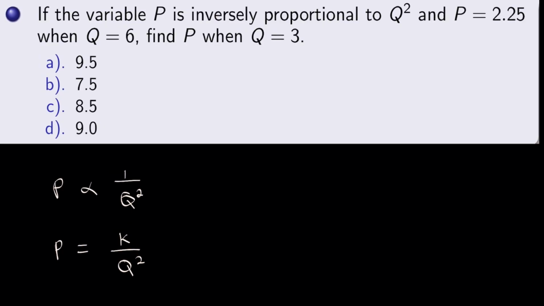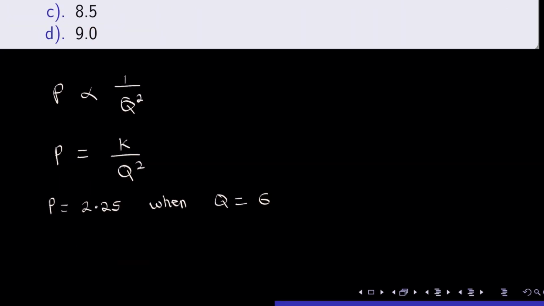Also, we are being told that p is equal to 2.25 when q is equal to 6. Thus, we have to substitute 2.25 in place of p and 6 in place of q in order to find the constant k. So we are going to have 2.25 is equal to k on 6 squared.